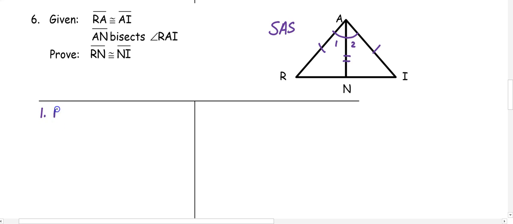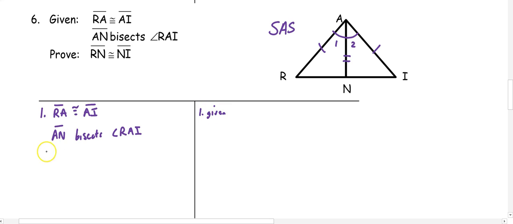So we're going to write our givens first. RA is congruent to IA or AI, and AN bisects angle RAI. That was given to us.